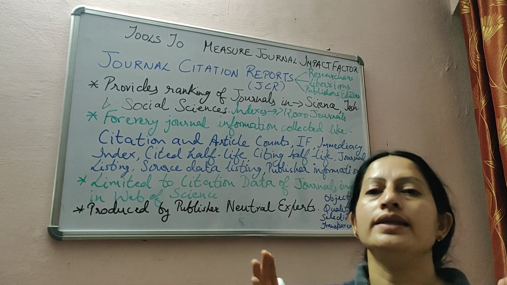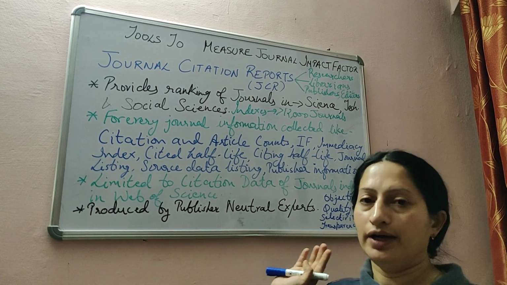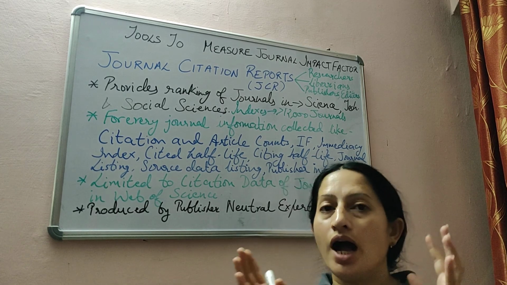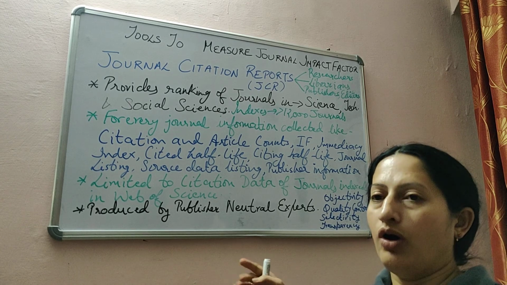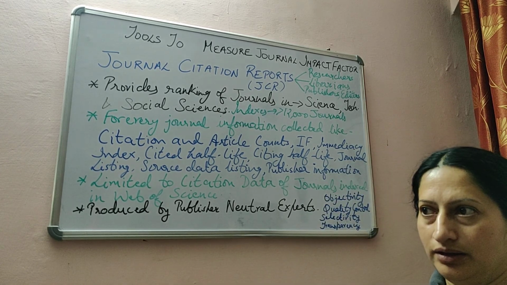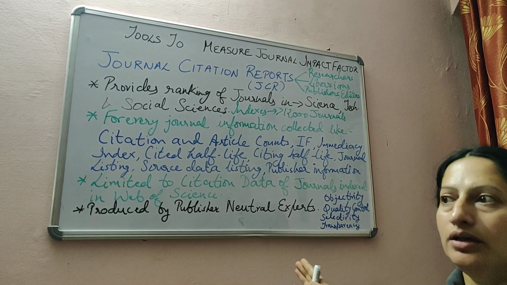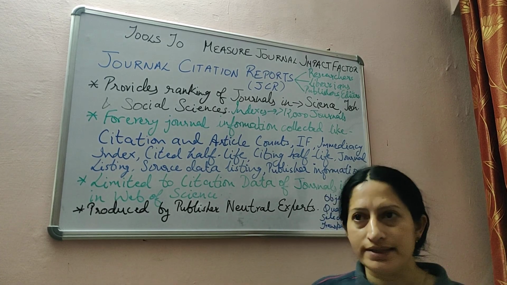Hope students you have understood what JCR is, where and how it is used, what its advantages are and what its drawback is. I have tried to cover each and every point of JCR. In further videos I will try to expand upon my topics.